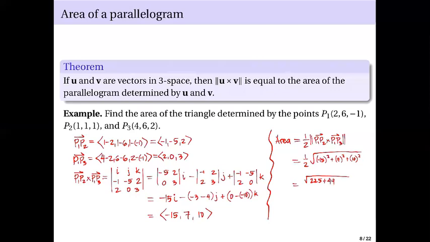And then 10 squared, that's 100. Then all over 2. 225 plus 49 plus 100, that's 374. So the area is square root of 374 over 2. And we can just write this as our final answer.